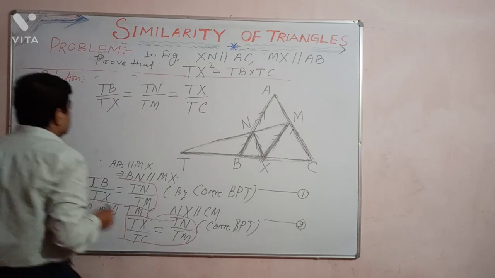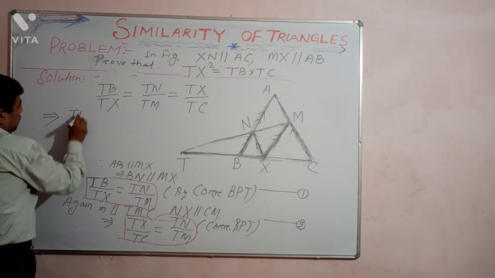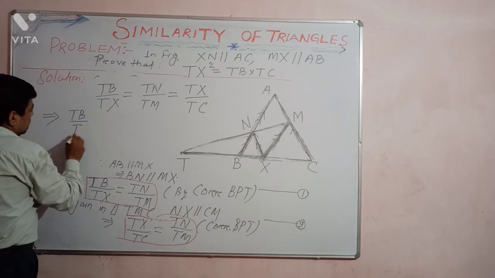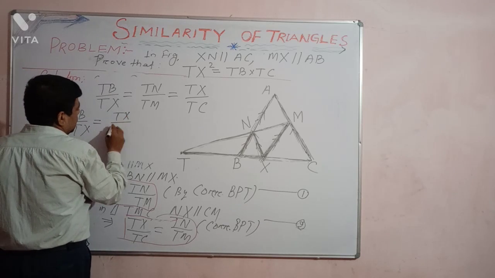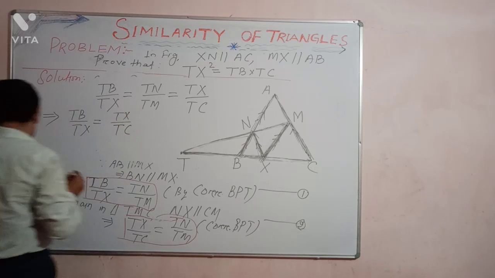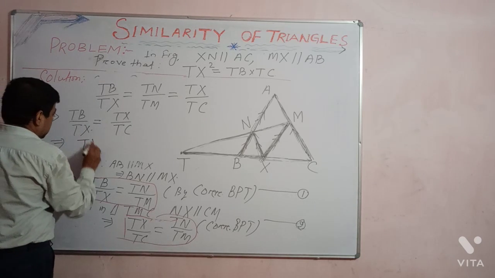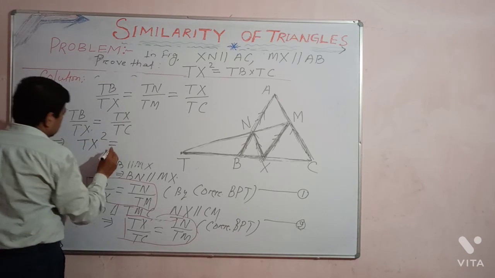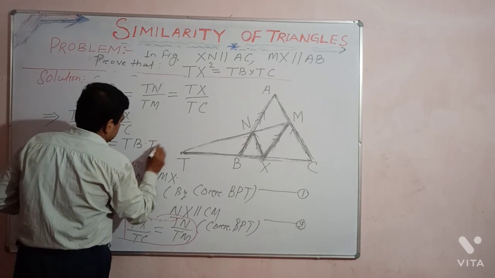Yes or no? So you can compare: TB upon TX is equal to TX upon TC. That implies TX square is equal to TB into TC, as TC will be transposed.